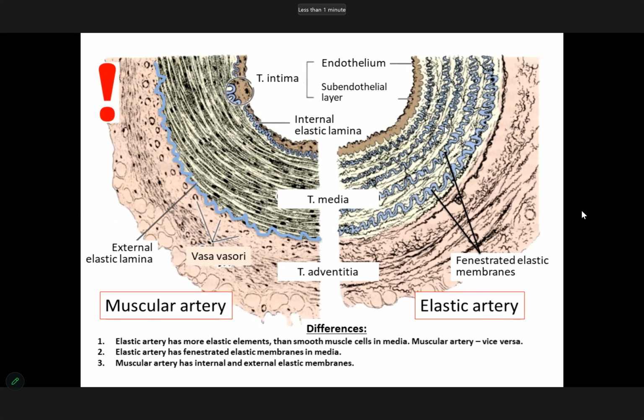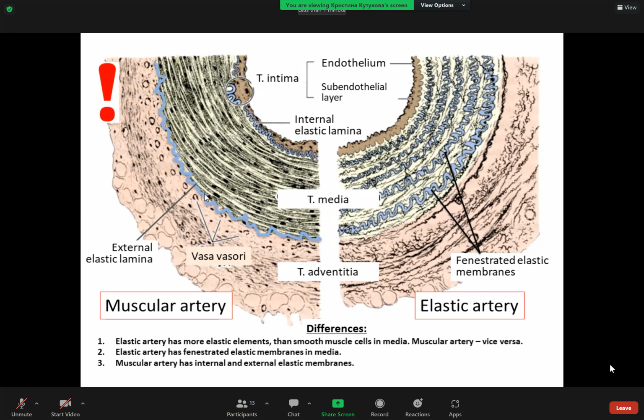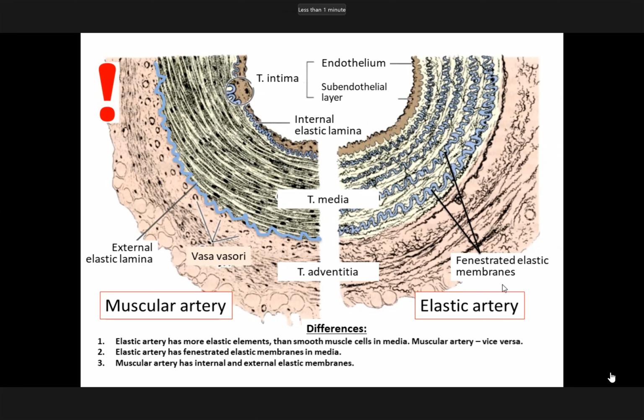Elastic membranes are present in elastic artery, no membranes elastic in muscular artery. And third one, muscular artery has internal and external elastic membranes. Internal and external elastic membranes. Only in muscular artery, no such in elastic one.